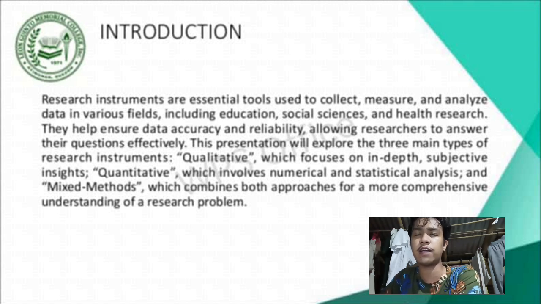These are used to gather numerical data, meaning information that can be counted or measured. Tools like surveys, questionnaires, or tests are often used to collect this kind of data, which can be analyzed using statistics. And then there is the mixed method instrument, which combines both qualitative and quantitative. This approach gives us a more complete and balanced picture of the research topic by using both words and numbers. So let's understand these three one by one.